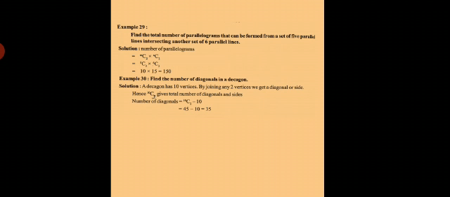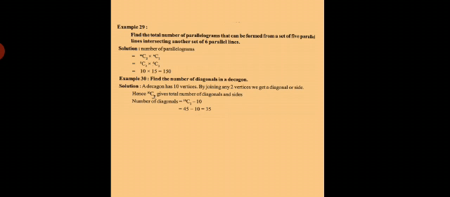Next one, find the total number of parallelograms that can be formed from a set of 5 parallel lines intersecting another set of 6 parallel lines. So here we are using the formula again. Number of parallelograms is equal to mC2 into nC2.